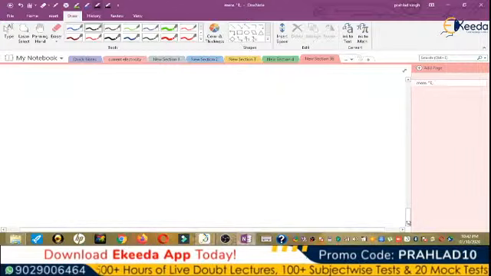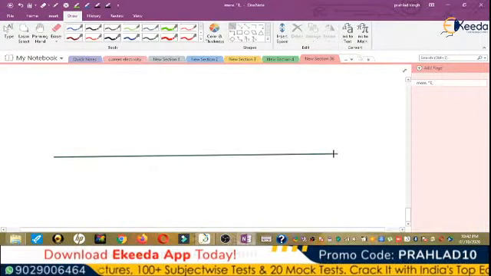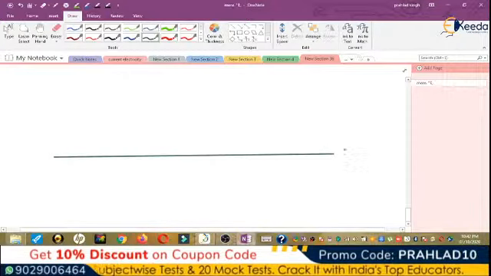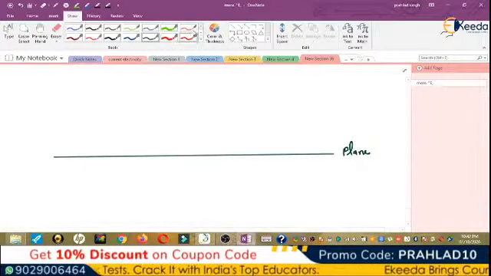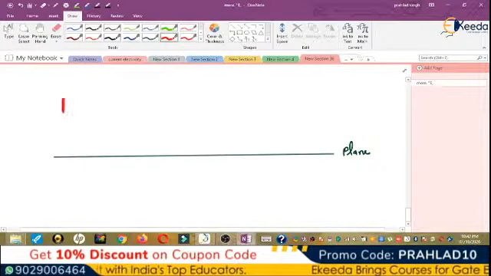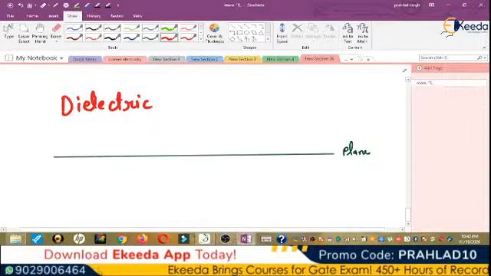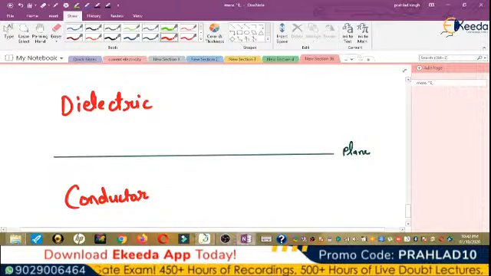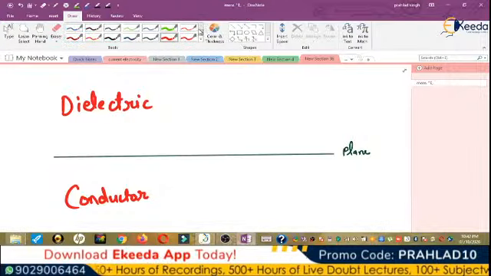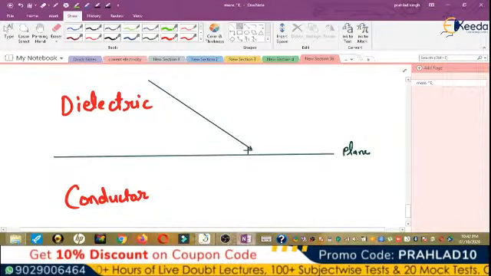Suppose this is a plane separating the two mediums, and this medium is dielectric and the second medium is conductor, and the electric field is incident.